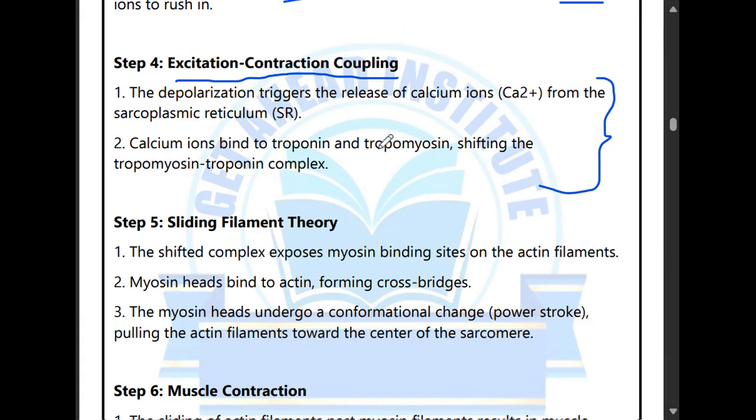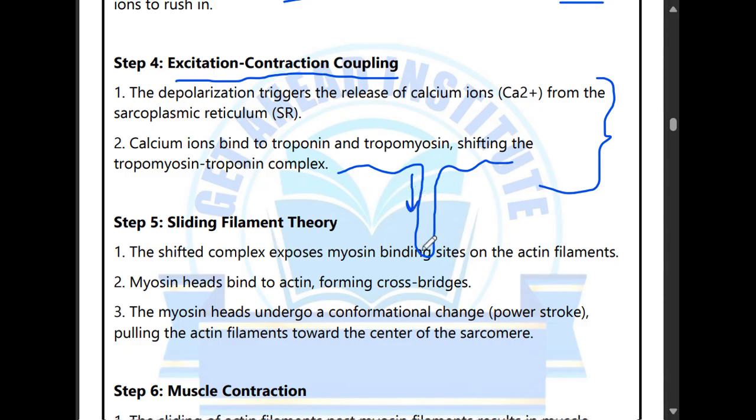I'm still talking about the excitation-contraction coupling. Hopefully, I haven't lost anyone. What happens is that as the positive voltage is traveling along the sarcolemma, it enters and moves along the T tubule like that.